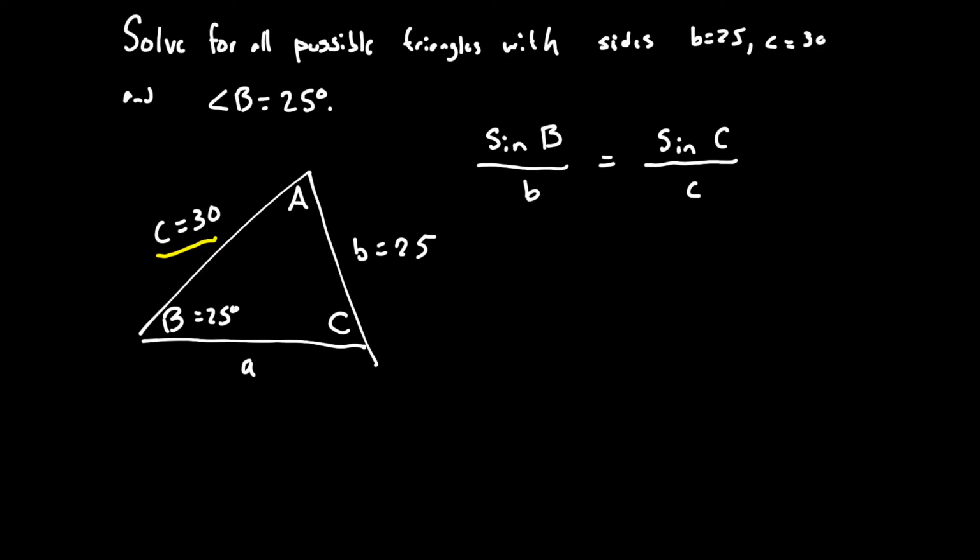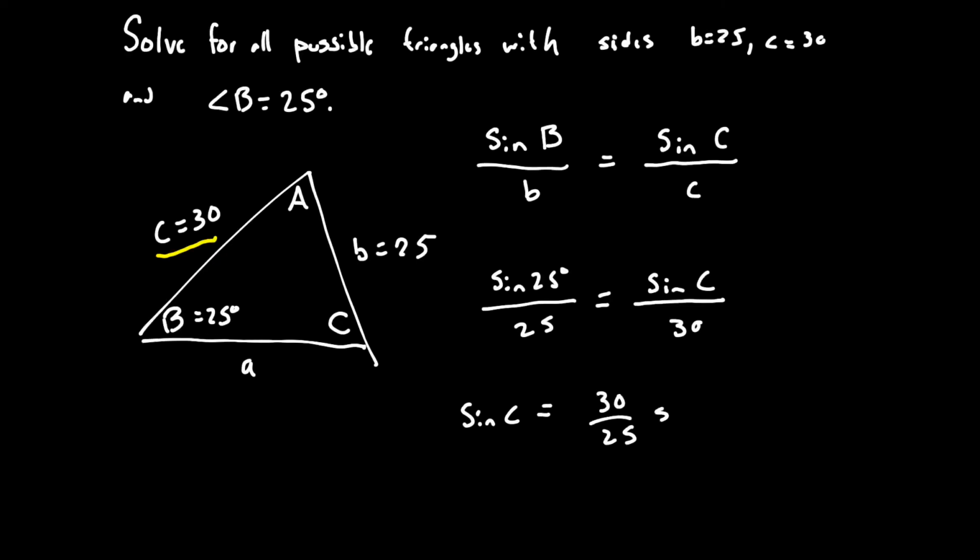So plugging in everything we know, we're going to get sine of 25 degrees divided by 25 is equal to sine of angle C divided by 30. Simplifying this, we see that sine of C is equal to 30 divided by 25 times sine of 25 degrees.